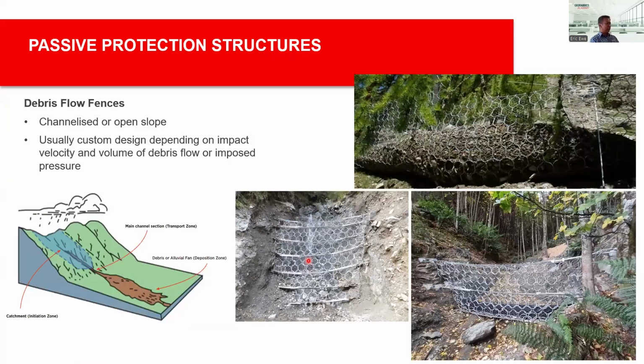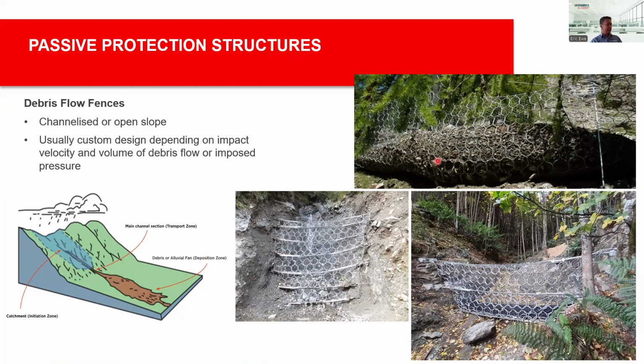The last type of passive protection structures is debris flow fences. So instead of rockfall, these types of fences, either channelized like this, to be constructed within the channel, or open slope with posts, are designed to arrest debris flow.